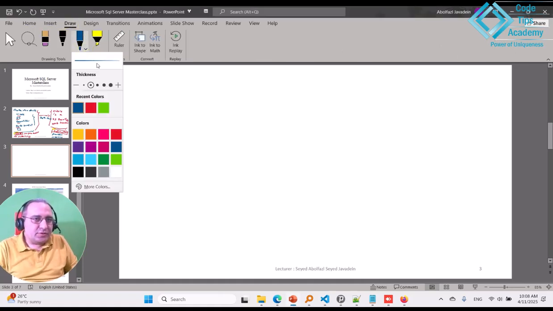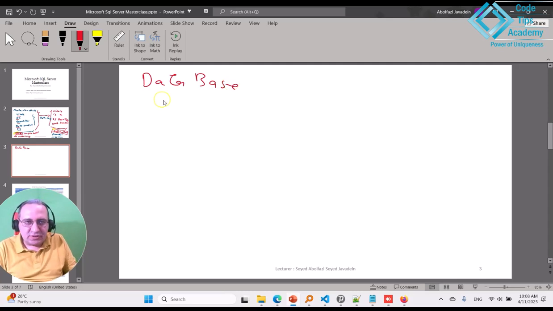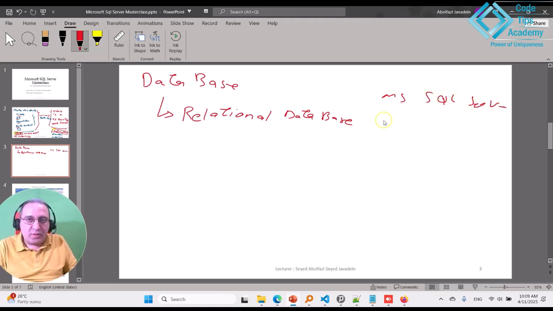Database systems have many types. For example, one of them is the RDB, or relational database, for example Microsoft SQL Server, MySQL, PostgreSQL, and many other things.